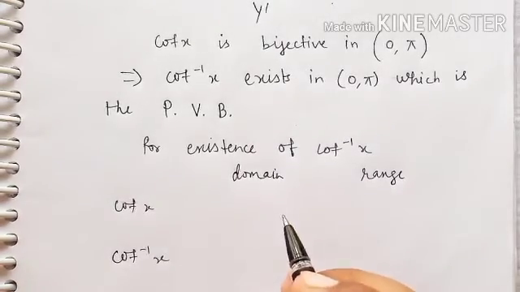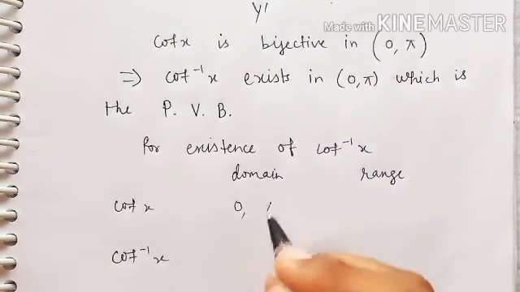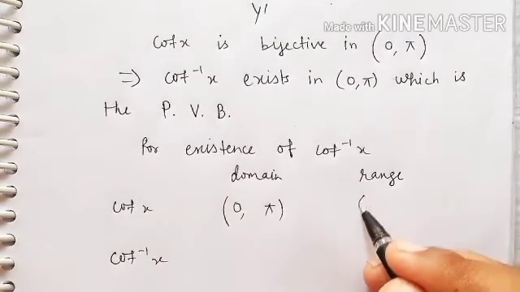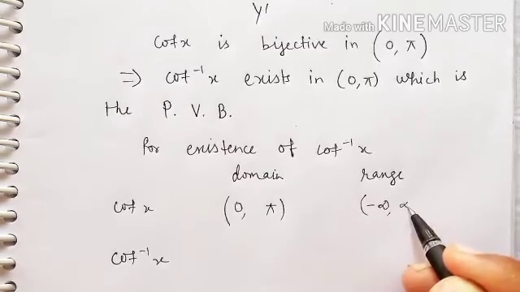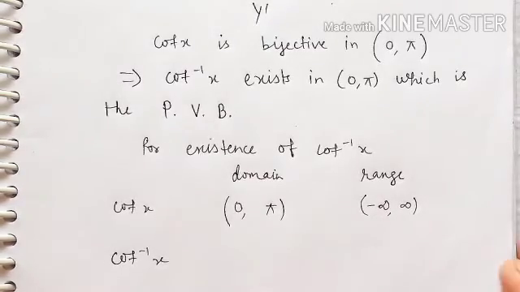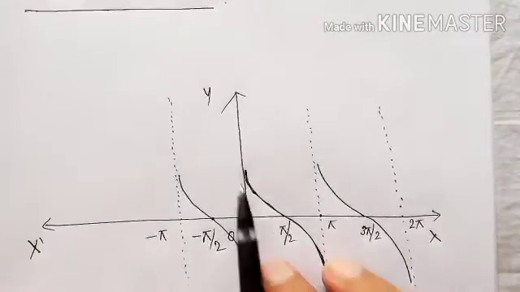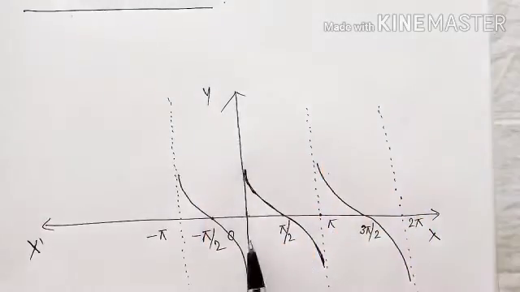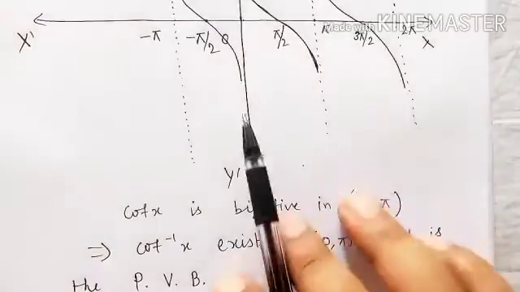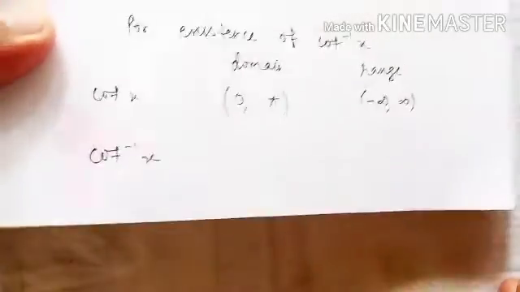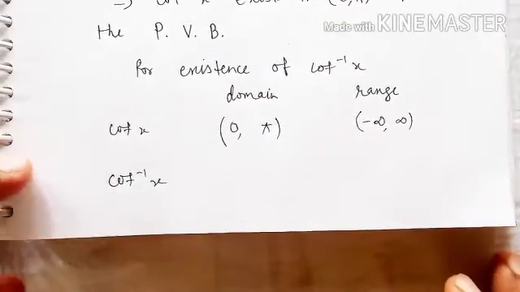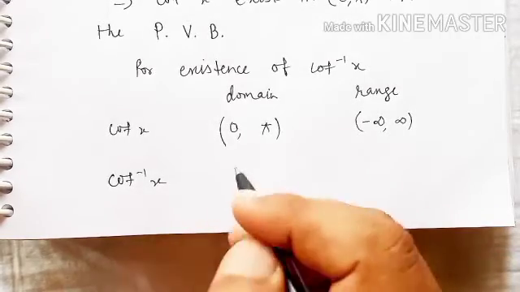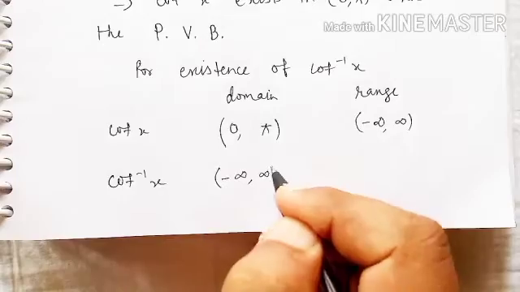So the domain will be the open interval 0 to pi, and the range is clear from the graph. The range for this graph is plus infinity here, minus infinity here. The graph does not touch the line, so we write minus infinity, infinity.